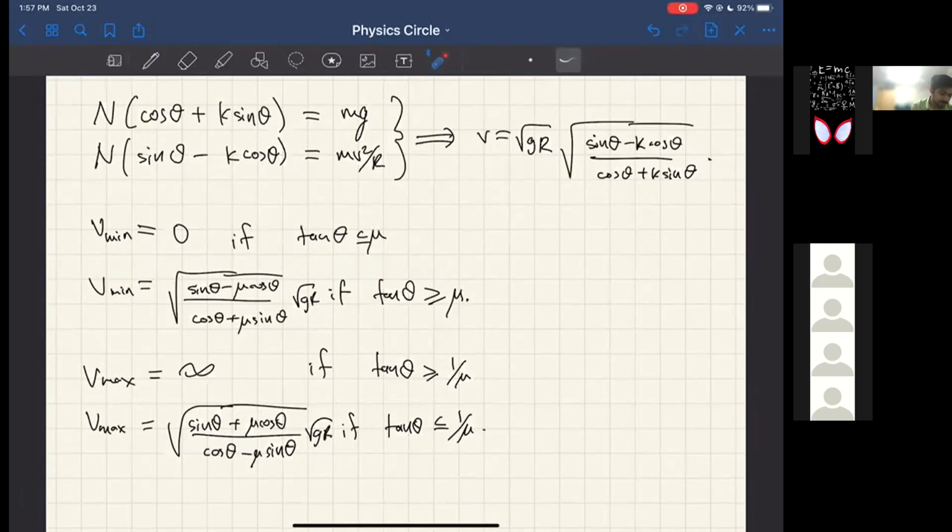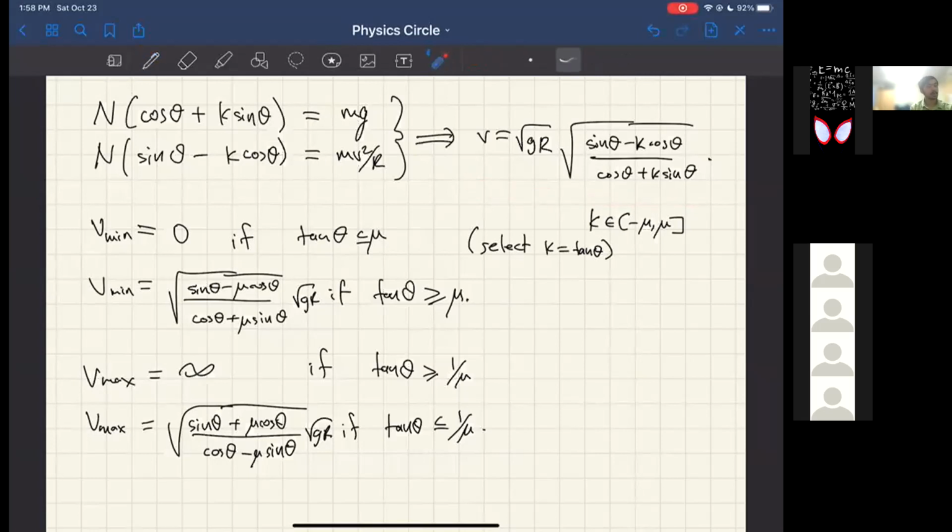So why are there cases? Let's look at the minimum velocity. What I know is that k is in between minus mu and mu. So if I'm trying to minimize this thing, and obviously let's say v has to be positive, then if tan theta is less than or equal to mu, I can just select k equals tan theta, and then the v min is 0.